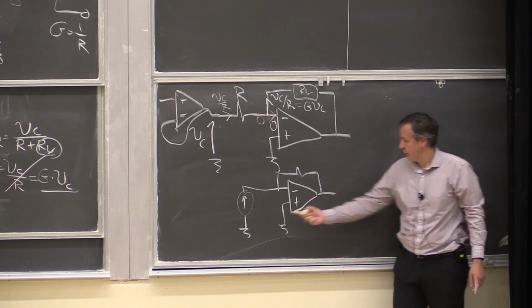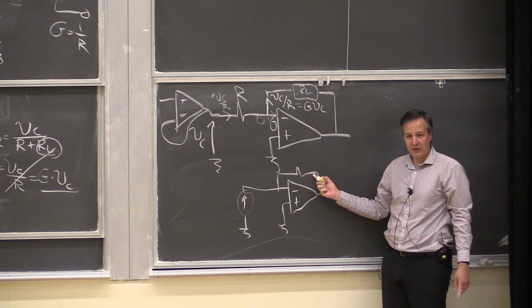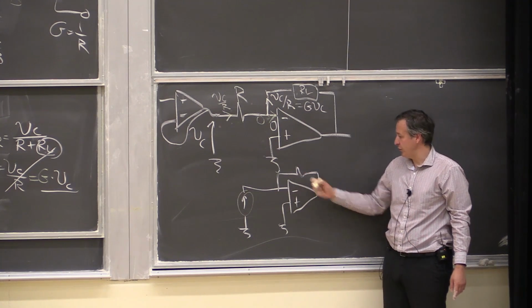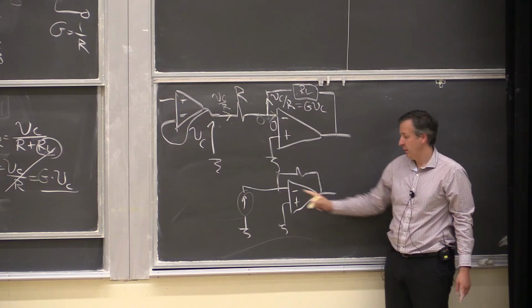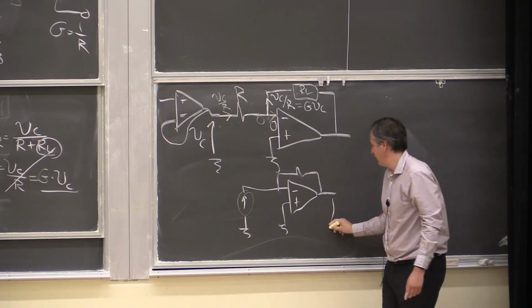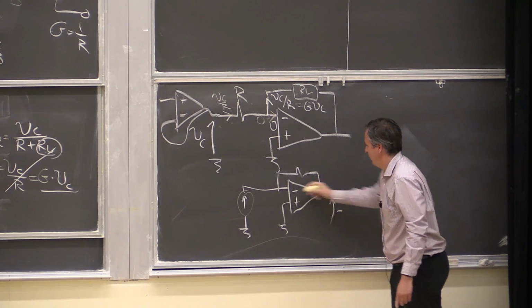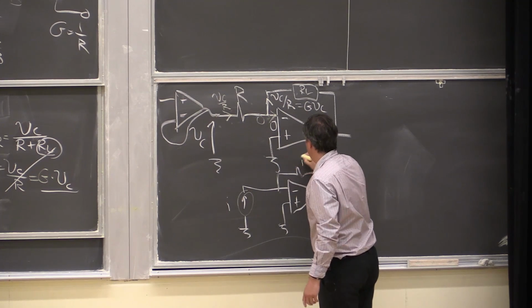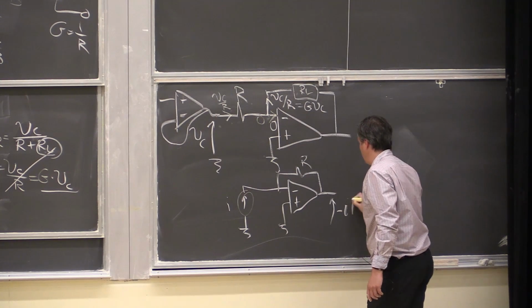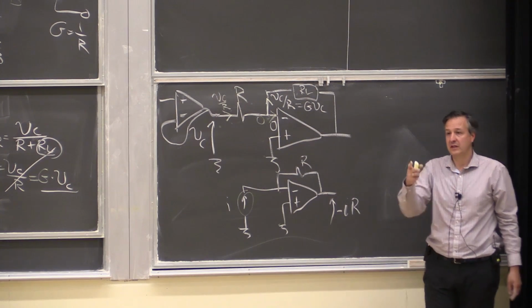So current comes in, comes directly through this R, generates voltage on this R because this is ground. Then the output is just, if this current is I, this is R, the output is minus I times R. Yes?